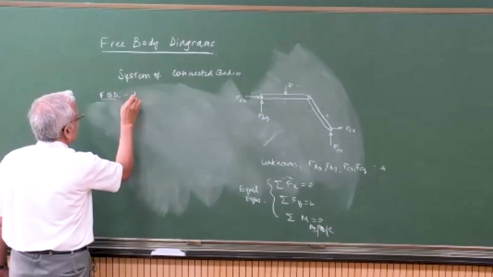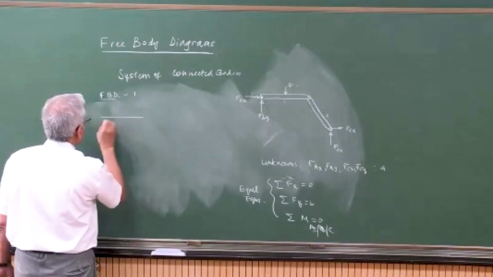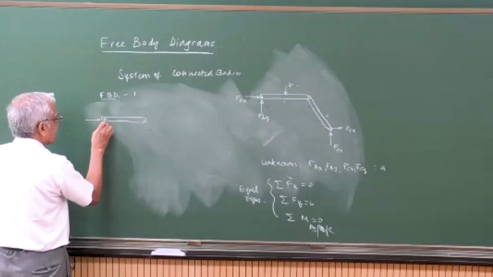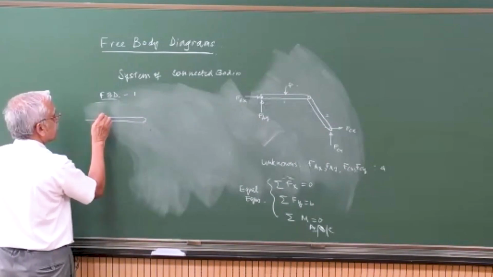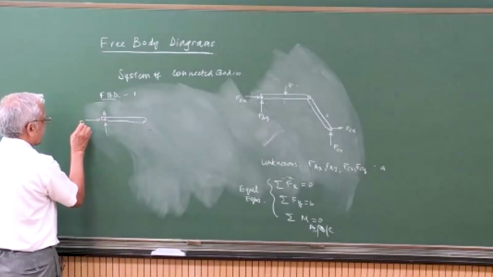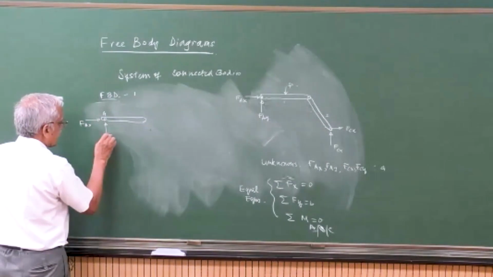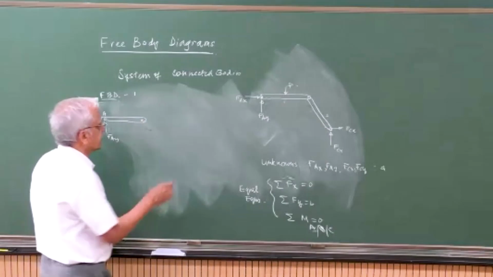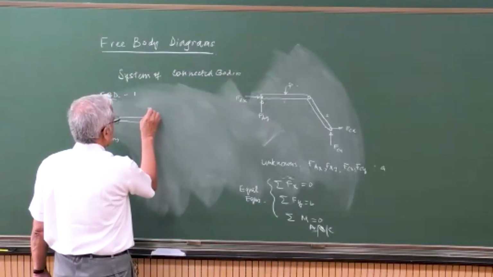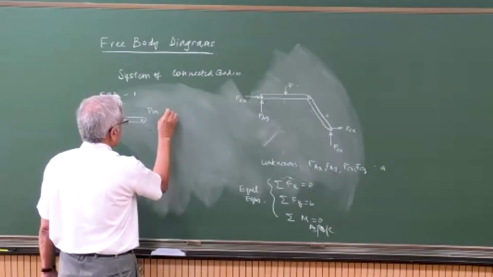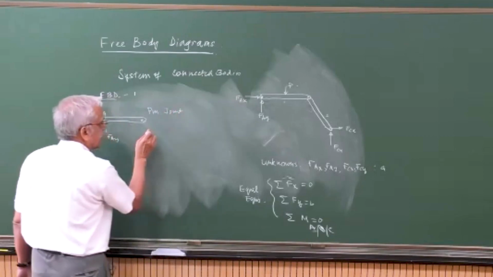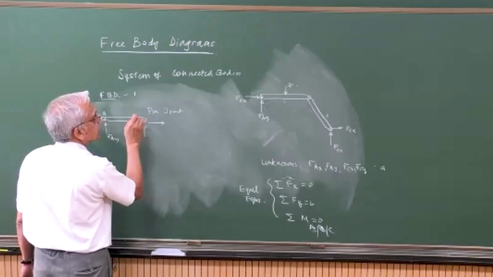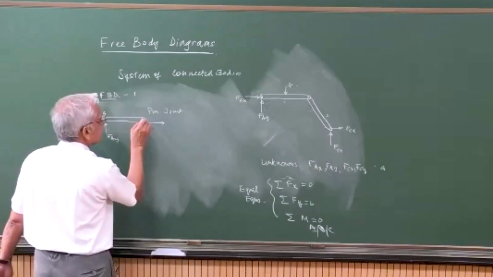of one. And so here, if you do that, you have A, so Fax, Fay, and since this is a pin joint, so remember, this is a pin joint, and we say then, so this is B, right?